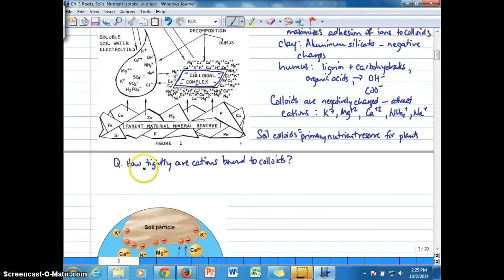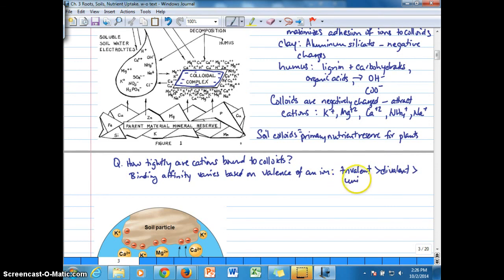Right, so binding affinity is going to vary from ion to ion, or basically varies based on the valence of an ion. So trivalent ions are held more tightly than divalent ions, which are held more tightly than univalent ions. And so what we can create here is then a binding affinity series.